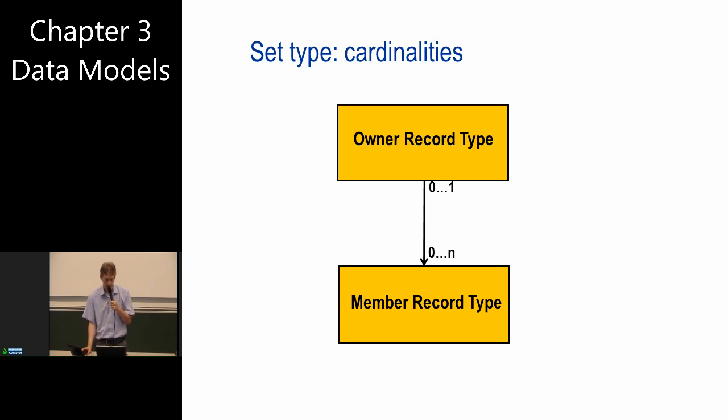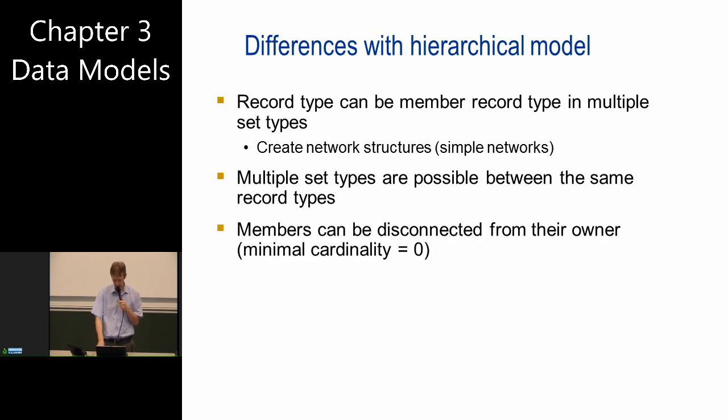The only thing that has changed now versus the hierarchical model is that we will allow this minimum cardinality to be 0. So you can have employees working in 0 departments, for example. Employees that start, for example, in a company and that you just want to have them run through the different departments, and after a while you want to assign them to a fixed department. So there could be employees that are assigned to 0 departments. So this 0 is a first difference here between the CODASYL and the hierarchical model.